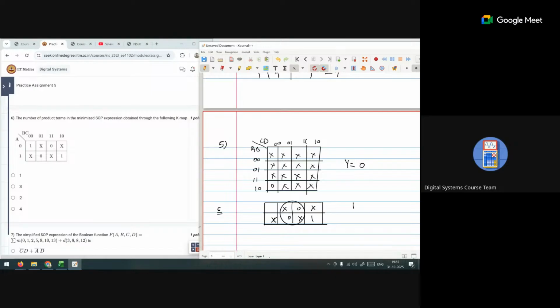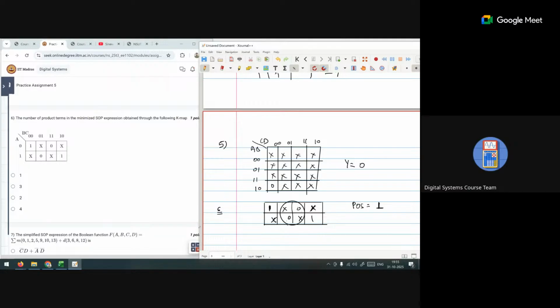If we are talking about the POS, the group size is 1. Only one group is there, because in the POS we have to consider zeros, not don't care conditions. A don't care condition is only used to maximize the group size, but if I consider this don't care condition as a 0 and create a group, that will increase the number of gates. So in the POS form only one group is required.